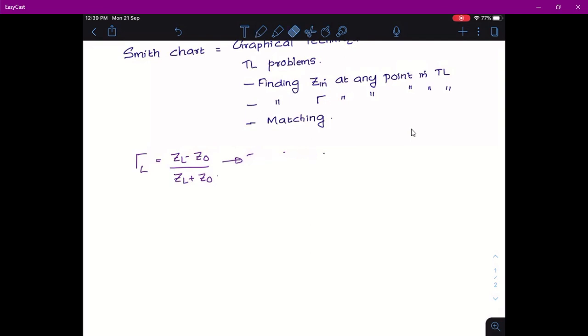It's not imaginary, it is complex. So if tau L is complex, then I can represent tau L as some real part plus j some imaginary part. So tau R is the real part of tau L and tau I is the imaginary part of tau L.